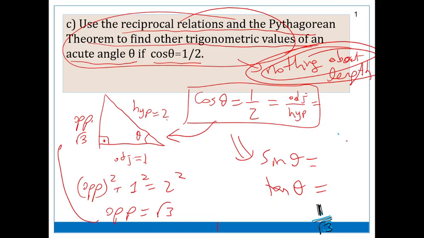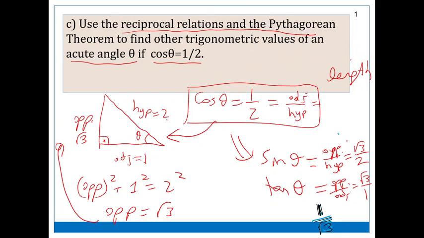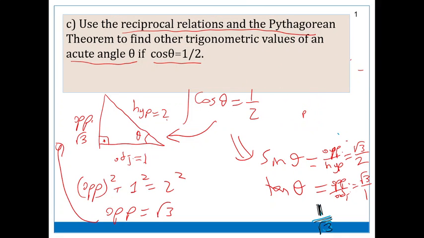Then I can use the opposite side divided by the hypotenuse, which is square root 3 over 2. And this one is opposite divided by the adjacent side, which is square root 3 over 1. And you can do the rest by using the reciprocal relations.